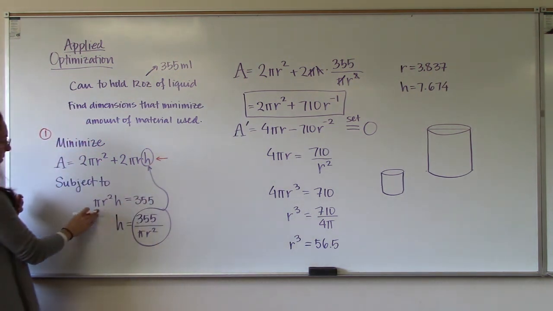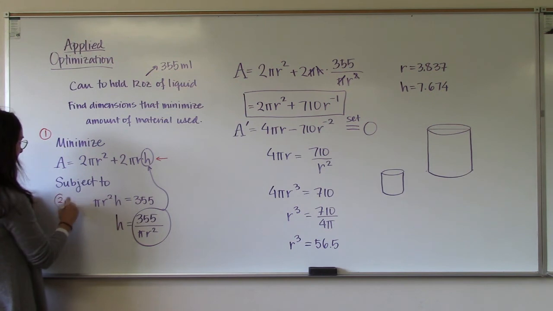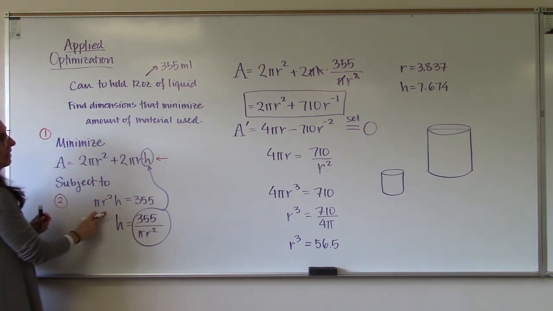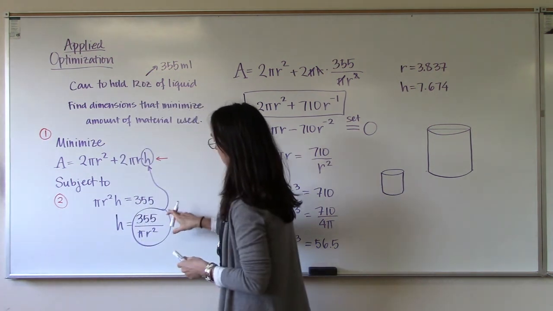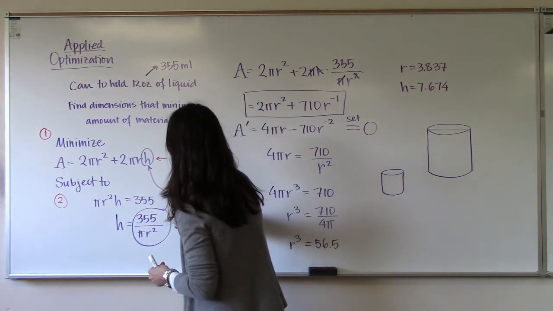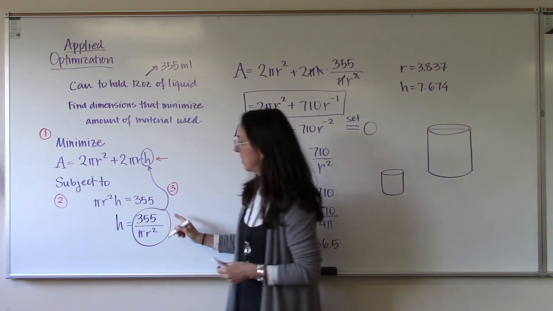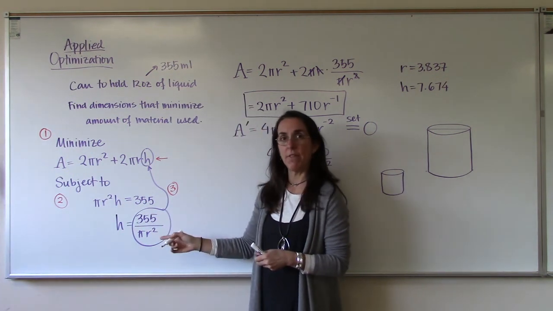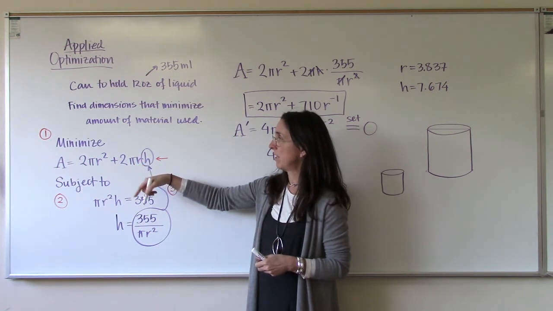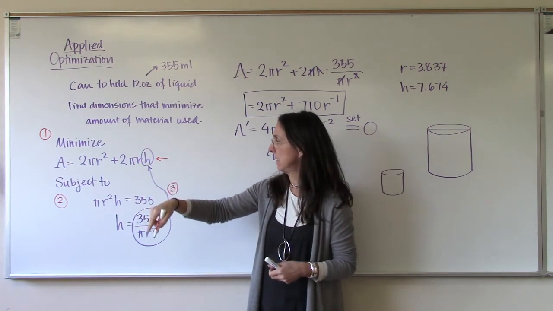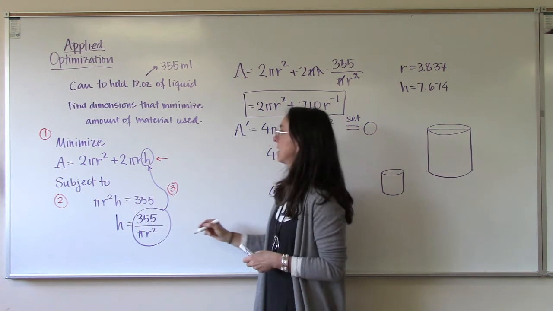And then we also wrote down the constraint. That's the next thing that we did. And then we did this thing where the arrow is. We solved the constraint for one or the other of the variables and plugged that into the function that we're optimizing. That's the next thing we did.